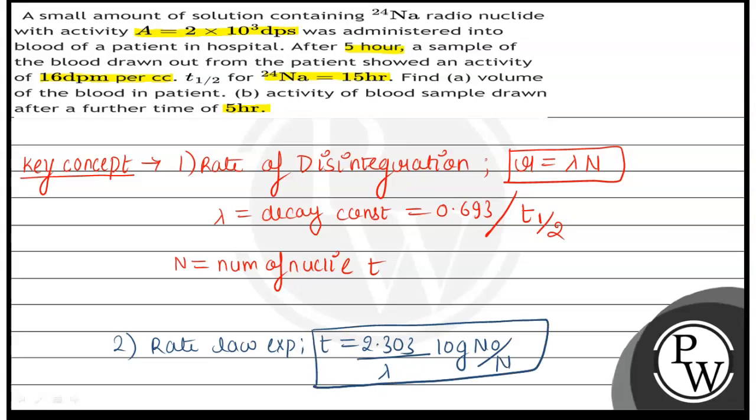We know the meaning of the symbols: T is time, λ is the decay constant, N naught is the number of nuclei initially, and N is the number of nuclei at time T. Now let's solve it further.